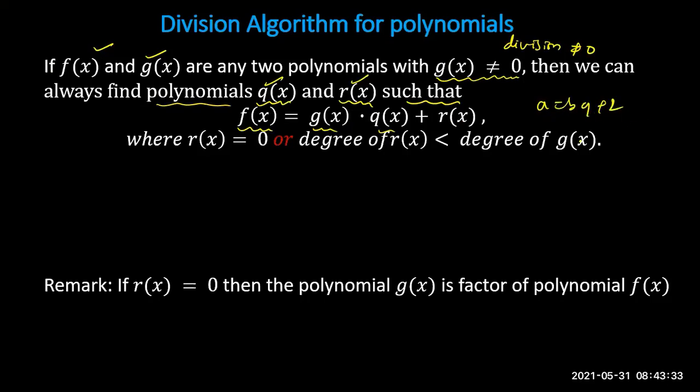Same thing as A is equal to BQ plus R, where r of x can be 0. If it is not 0, then the degree of r of x is smaller than the degree of g of x.